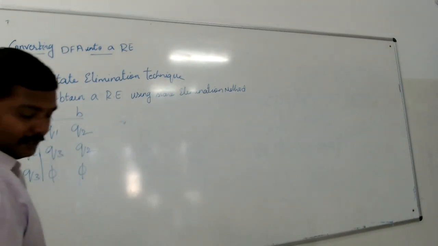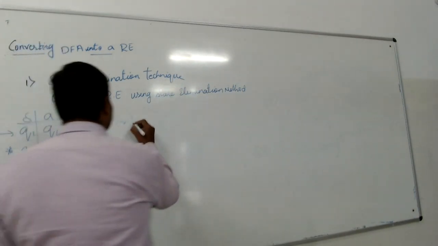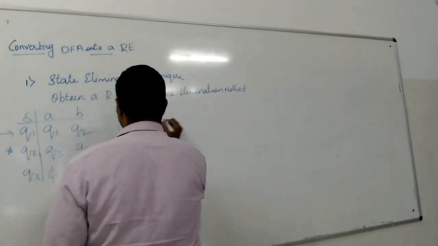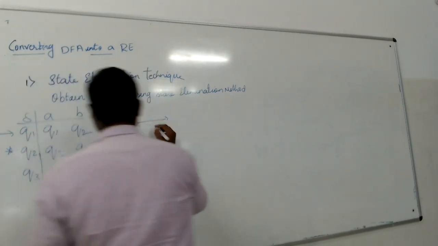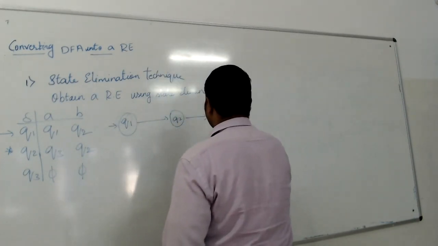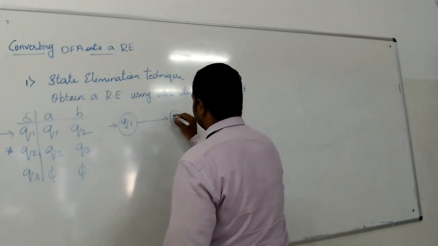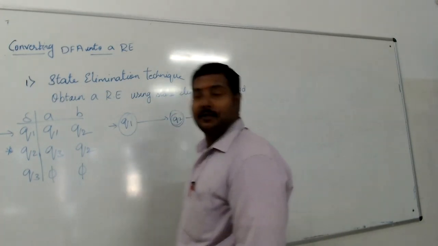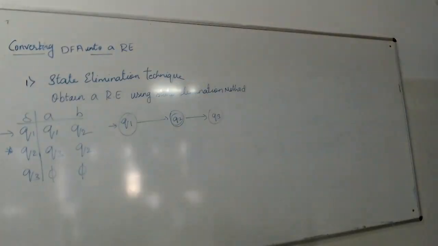Now we will design a DFA for this: Q1 the start state, Q2 and Q3, and Q2 acts as the final state.